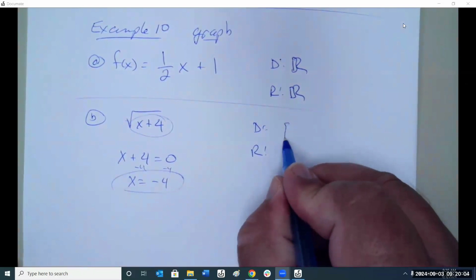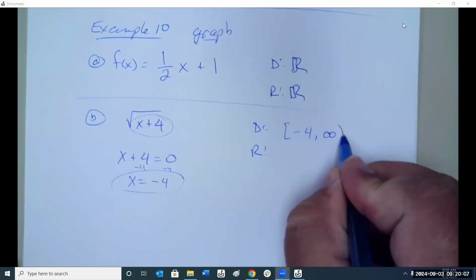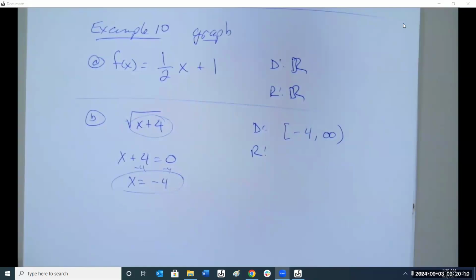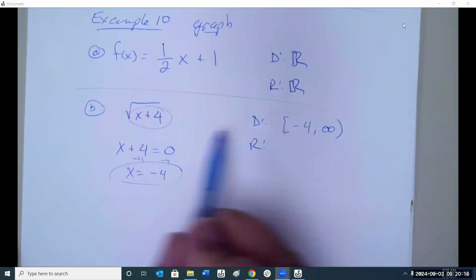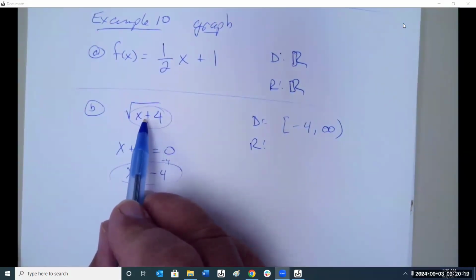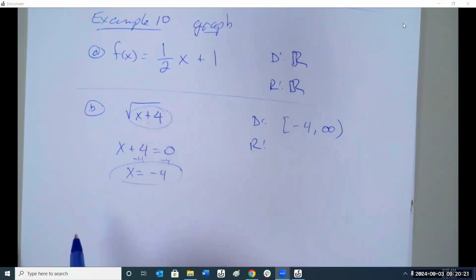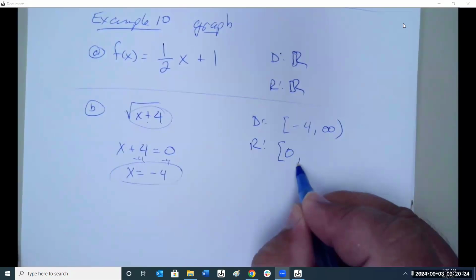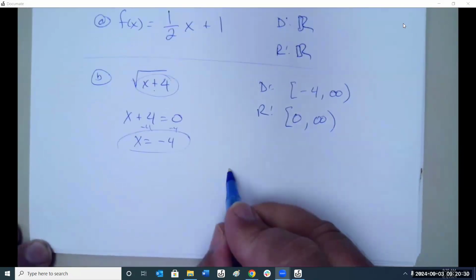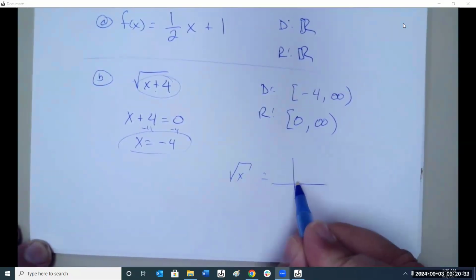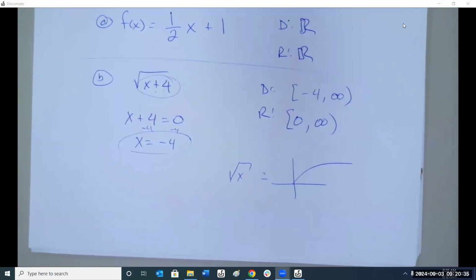So the domain is from -4 to infinity. The range is the y values. So if -4 goes in there, what's the smallest it can get? 0. And then what's the highest it can go? We're going to see next time that this graph looks like this. Once I show you the graphs next time, all these will make more sense and it'll be easier for us to decipher the domains and ranges.